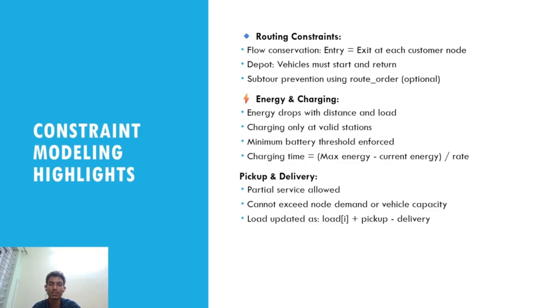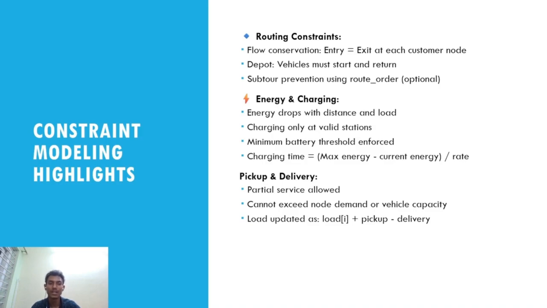Our model enforces a set of critical constraints to ensure valid routes. Route-wise, we enforce flow conservation, meaning a vehicle must enter and exit each customer node. Every vehicle must start and return to the depot, and subtours can be avoided using visiting order.